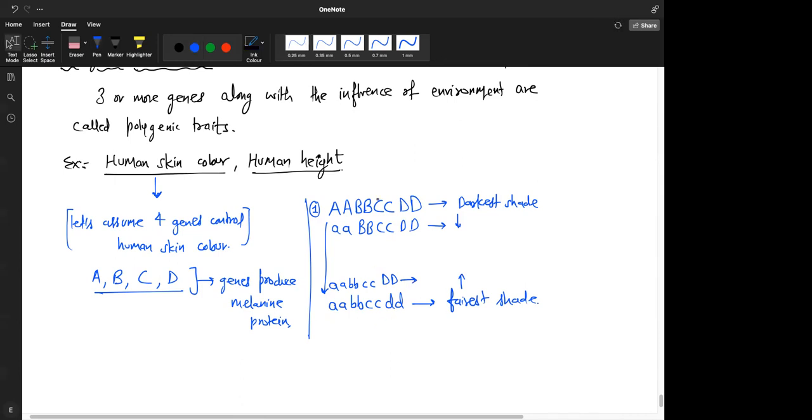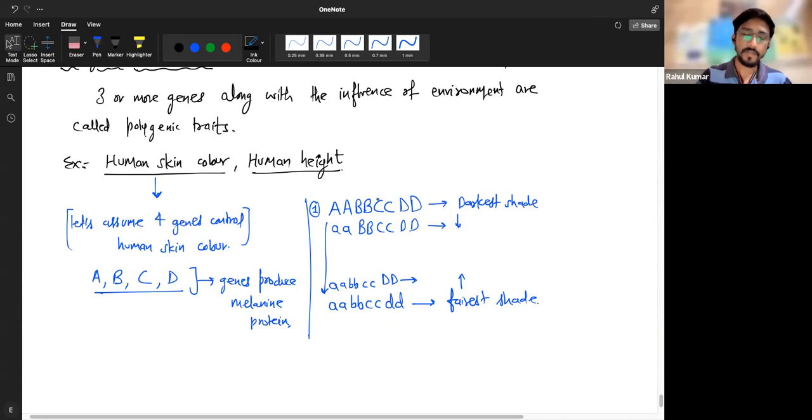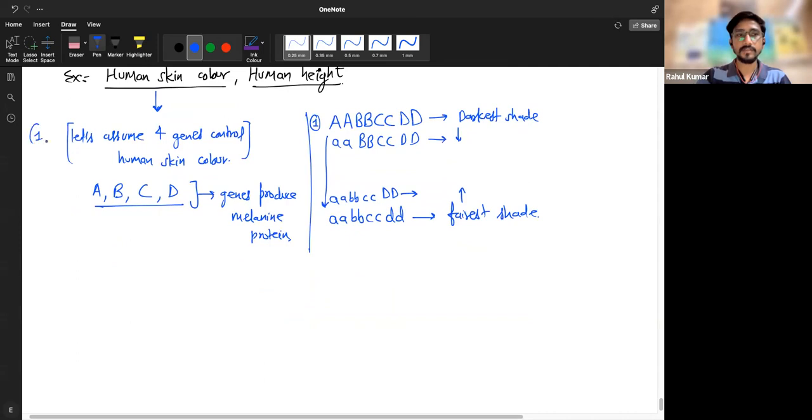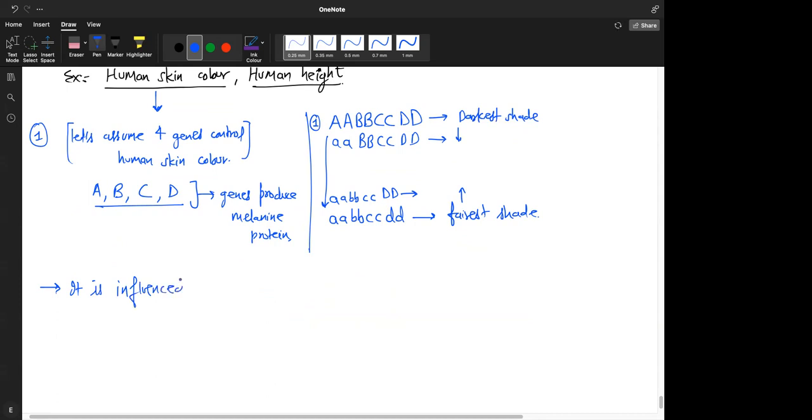So we see all different kinds of skin shades because skin as a character is controlled by multiple genes and their interactions. So this is genetics, but it is also influenced by environment. Can you tell me how? In the presence of more sunlight.